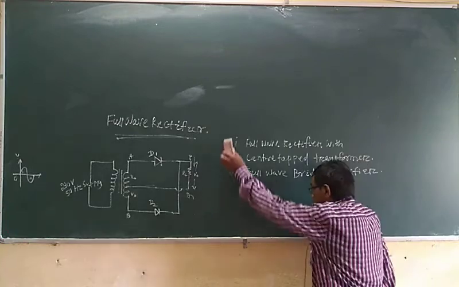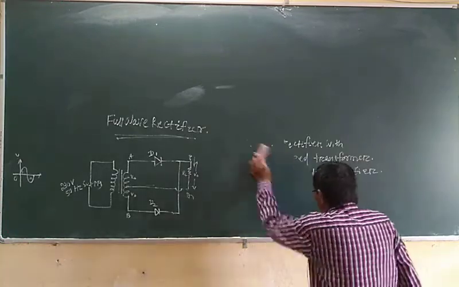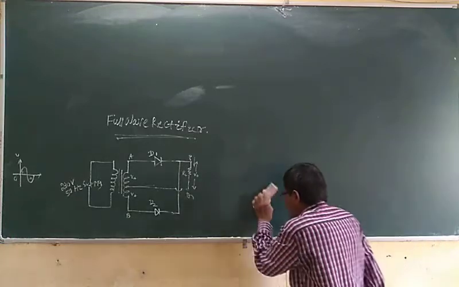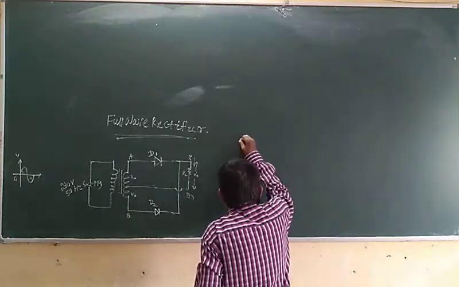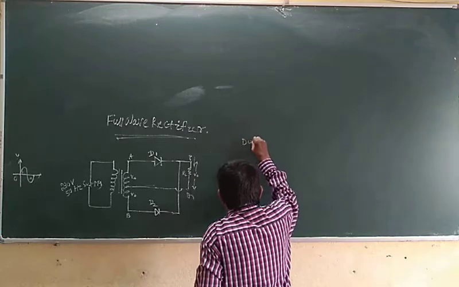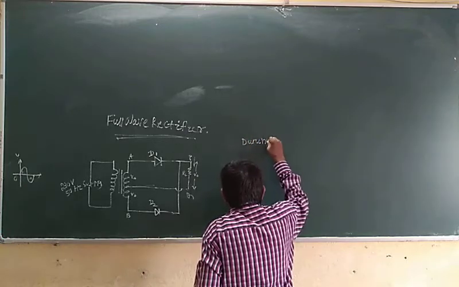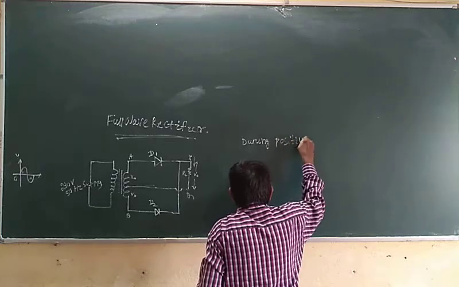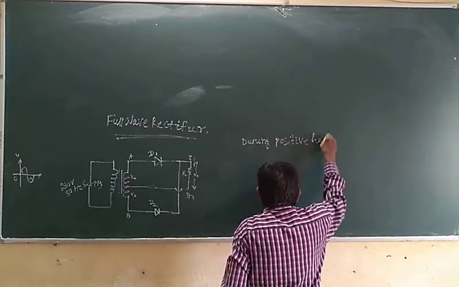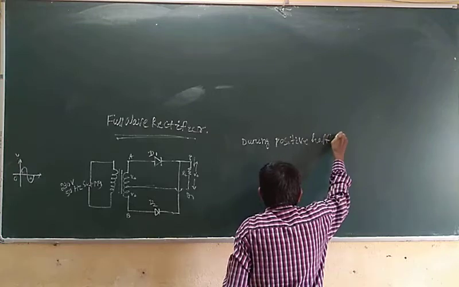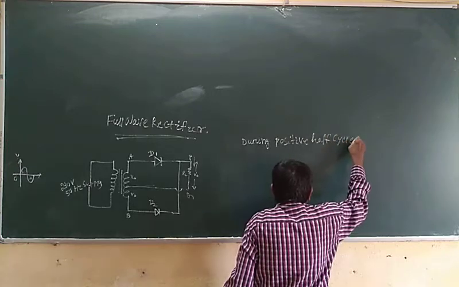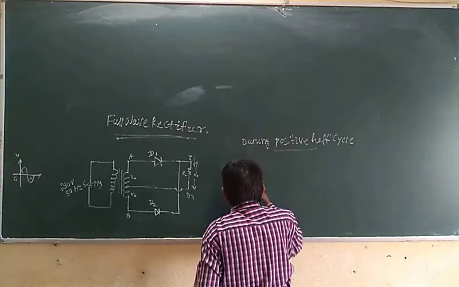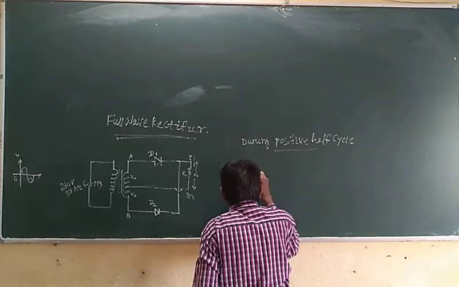First we see the polarity of current during the positive half cycle. The circuit can be drawn.